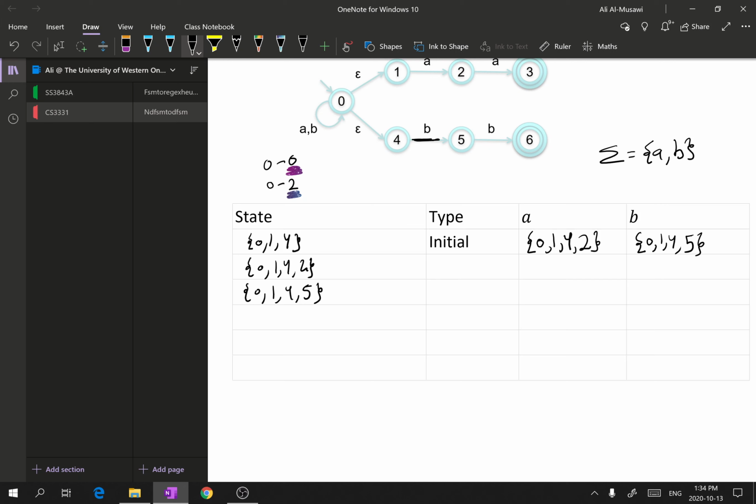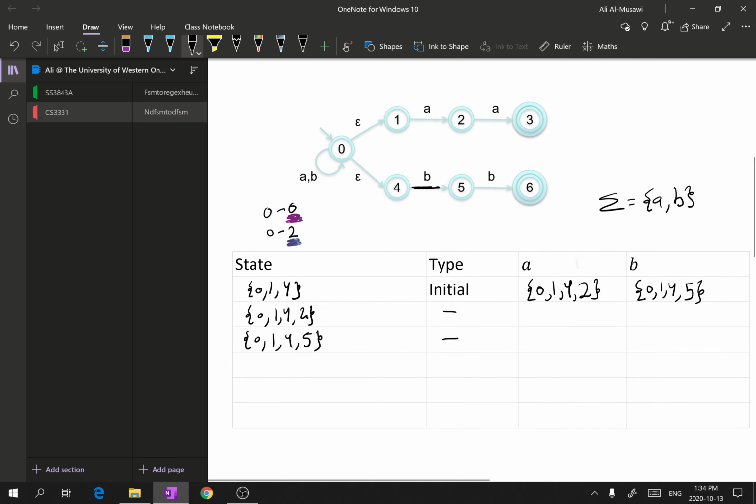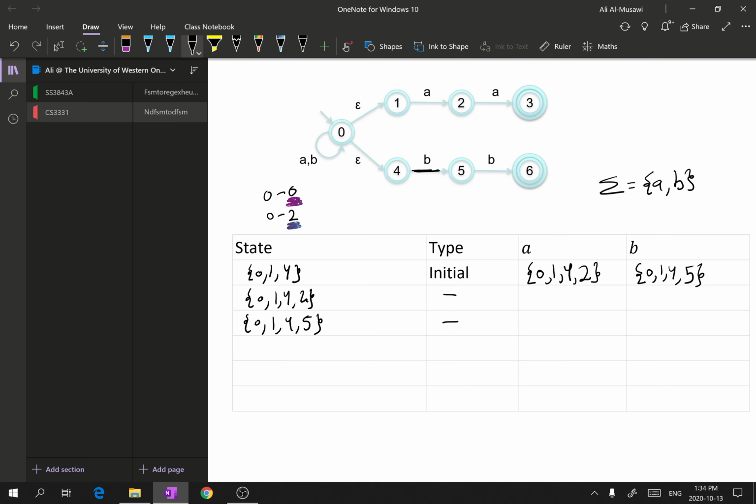So these are not really any special states because they are not initial and not final or accepting. An accepting state would be any state that involves the old final state. So we will see examples of that. So if we had a 3 somewhere, then that would be a final state. But here it's 0, 1, 4, 5 and 0, 1, 4, 2. There's no 3 or no 6, so they are not final states.